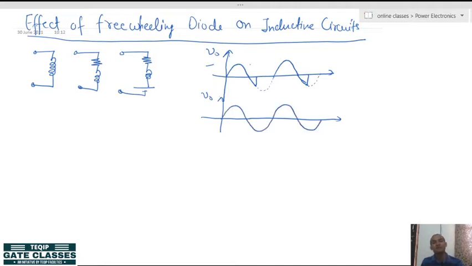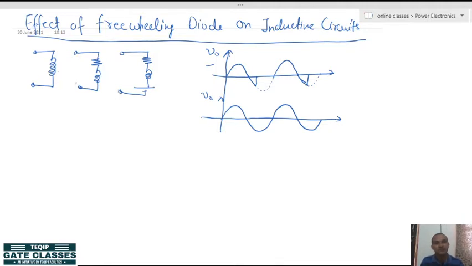If you observe these two waveforms, the conclusion is that when inductive circuits are there, the inductor does not allow sudden change of current. Also, unless the inductor discharges or de-energizes itself fully, it does not allow the device to turn off, because L di by dt across the inductor becomes very high.